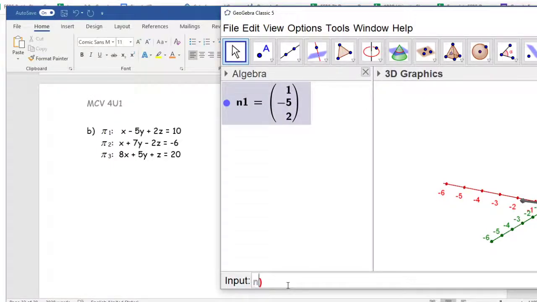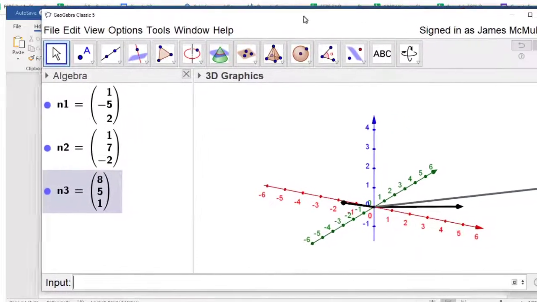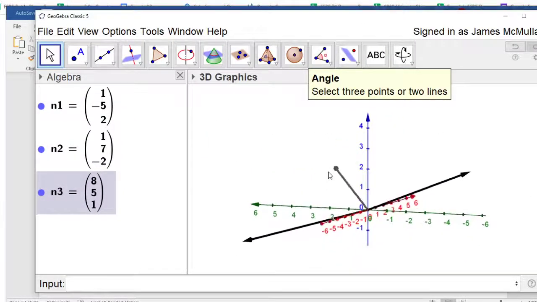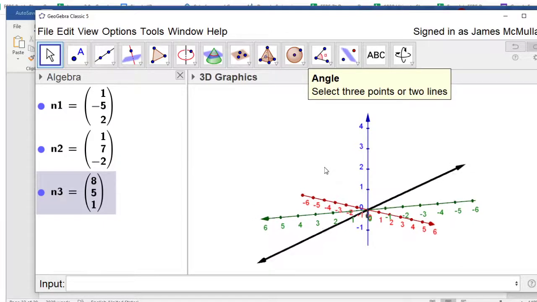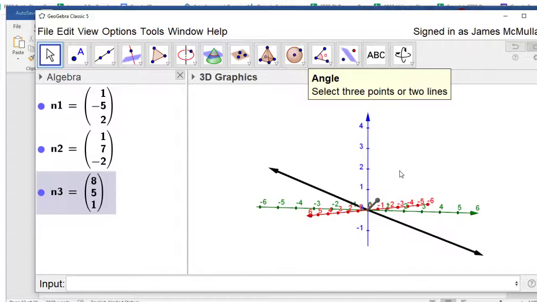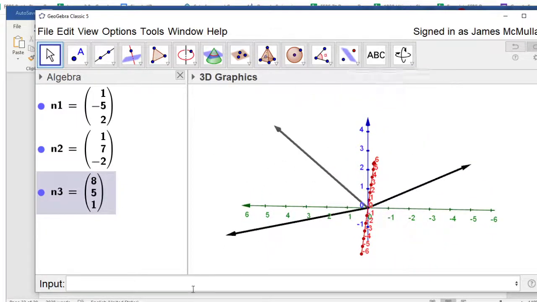The second normal is 1, 7, negative 2, and the third normal is 8, 5, 1. Now, it's pretty obvious that none of those are parallel. However, they may actually lie on the same plane. You can imagine a plane that might contain all three of those if it comes right out at us from here. Let's do the coplanar test to check.